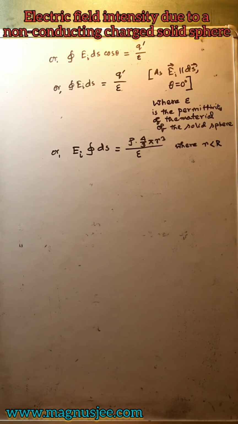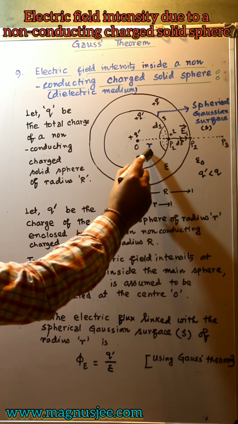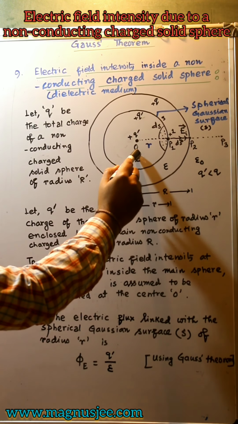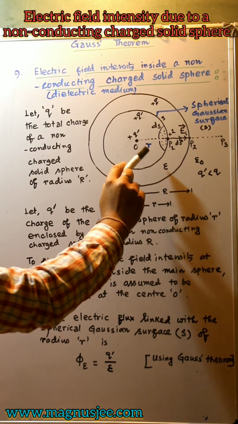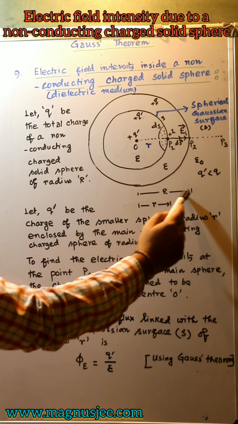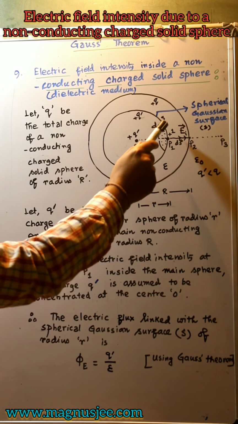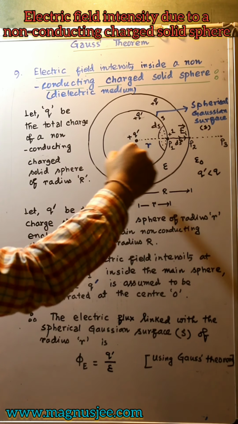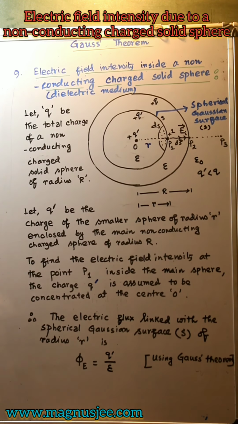Here r is the distance of the point P1 from the center. The volume of this imaginary sphere is 4 by 3 pi small r cube, and capital R is the radius of the total solid sphere.